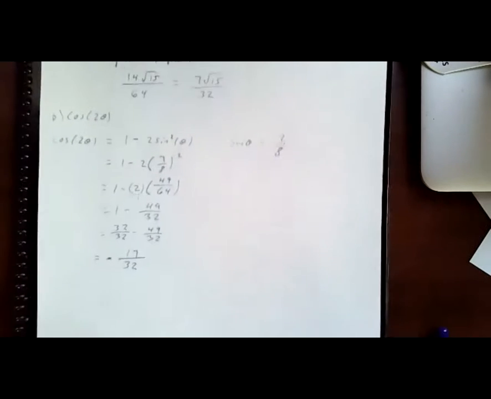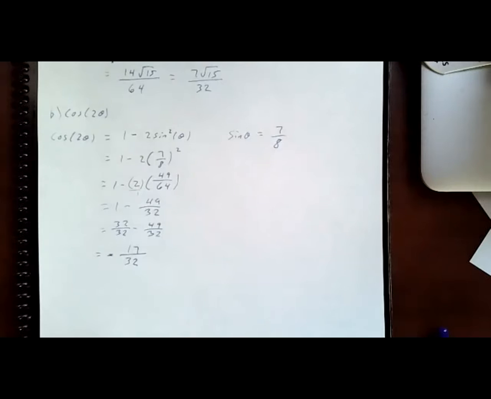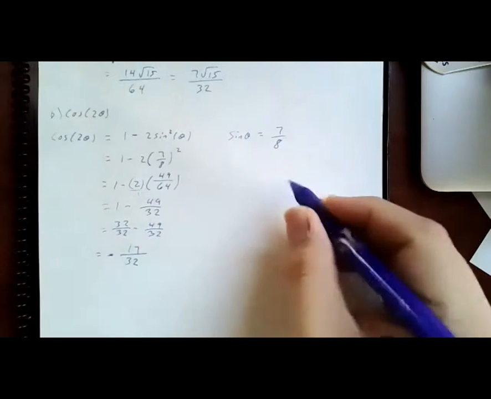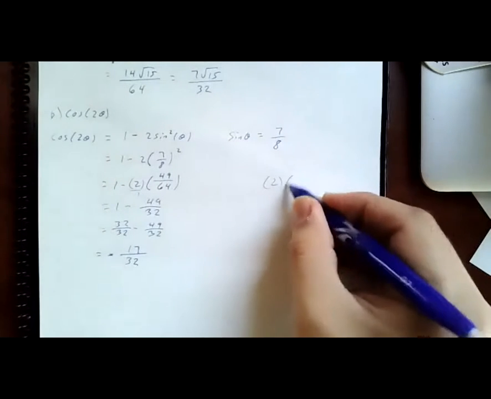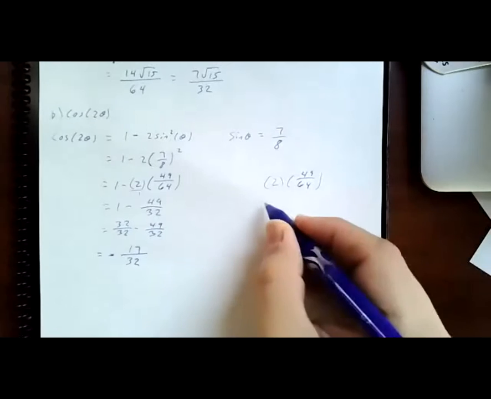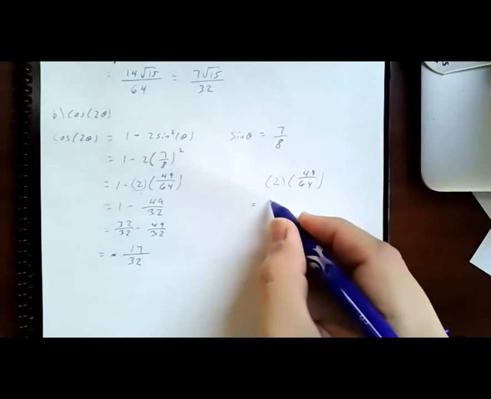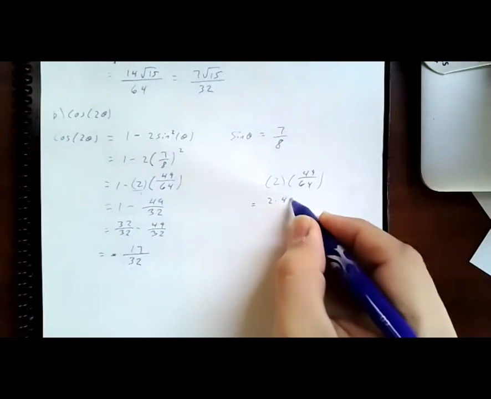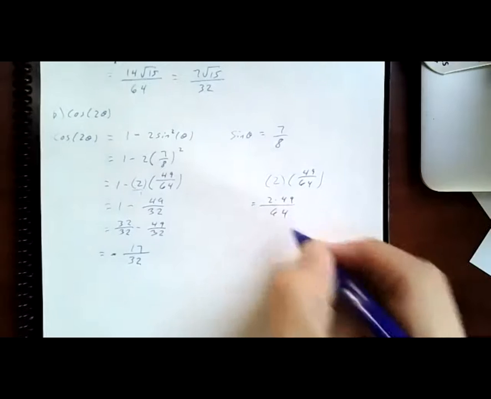I have a quick question as far as how we got to 49 over 32. Sure. So we have 2 times 49 over 64, right? That's the same as saying 2 times 49 over 64.